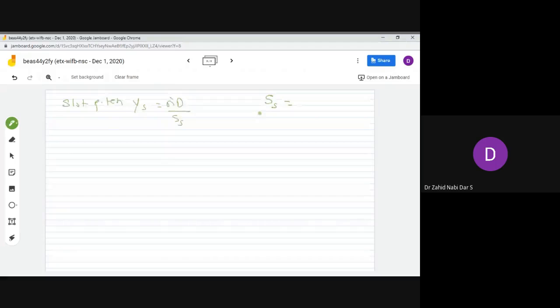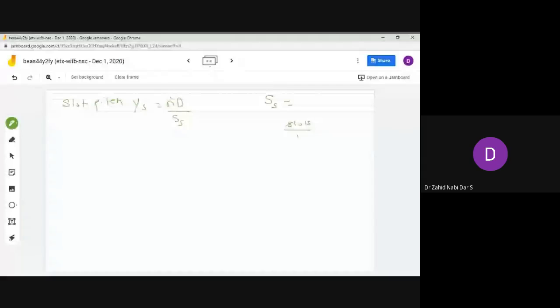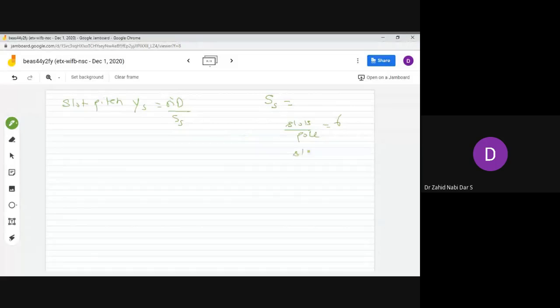The total number of stator slots would be 6, slots per pole, into the number of poles.